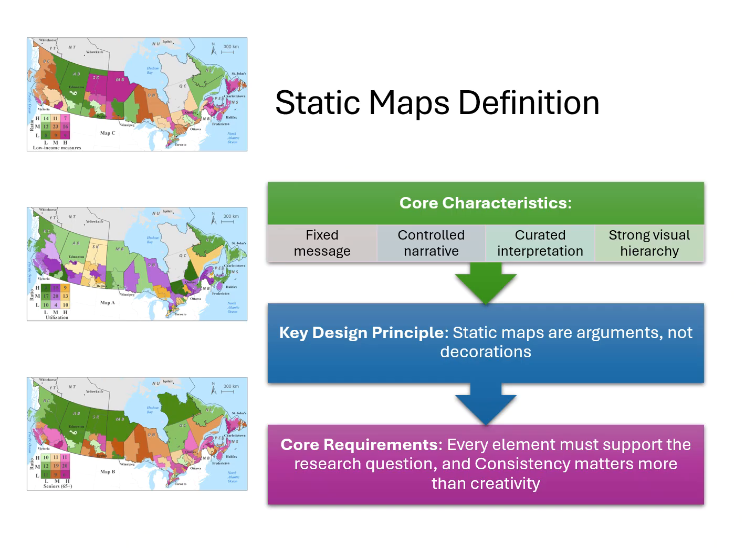In terms of design principle, static maps are arguments, not decorations. I will explain the difference between these two words. As for other core requirements, every element must support the research question, and consistency matters more than creativity.